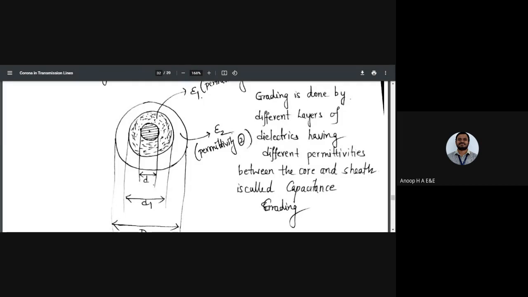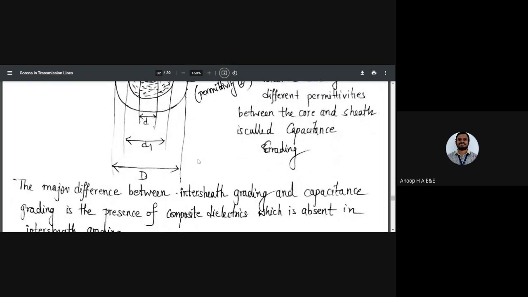So we have such permittivities between the conductor and one of the intersheaths, and between intersheath 1 and intersheath 2, which is the final intersheath here. The permittivities are epsilon 1 and epsilon 2. We have got different diameters there.